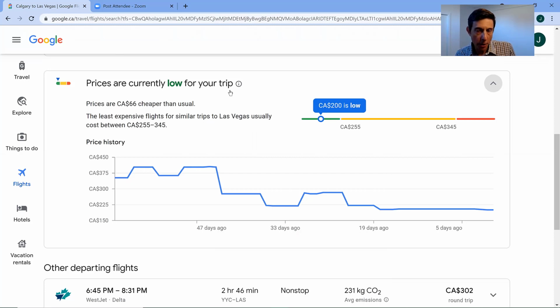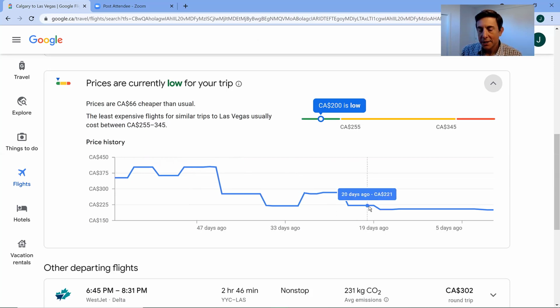It's giving me a recommendation based on a time series, the price for the last 60 days. And we can see that the price was, 40, 50 days ago, more than double what it is now. So the price went down.